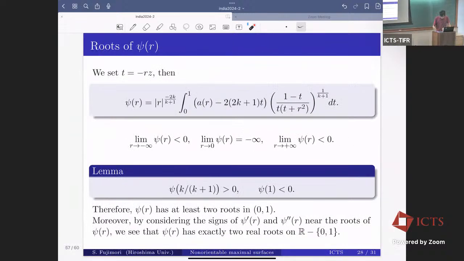But actually, by computing psi prime and psi double prime near the root of psi, we see that psi has exactly two real roots. I will explain this later in more detail if I have time.